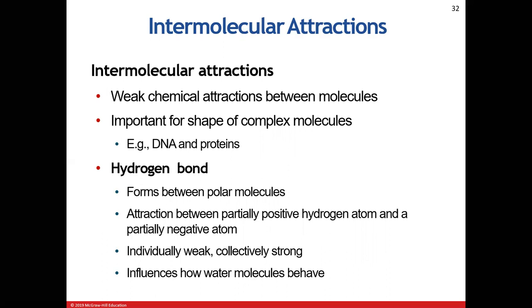Okay? Now, individually, these specific bonds are very weak. If you talk about just one hydrogen bond, we're talking about a very weak bond. However, when you start adding a bunch of them together, it actually becomes a very strong bond. And one of the most prolific ways that we study hydrogen bonds is with water.